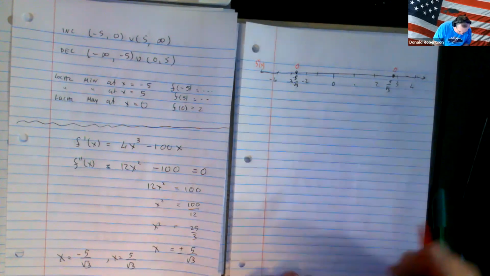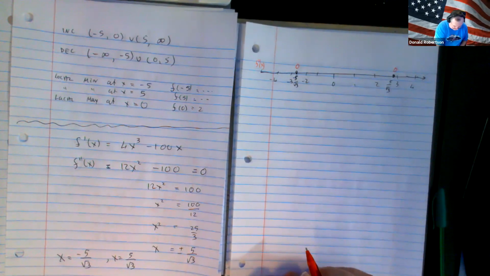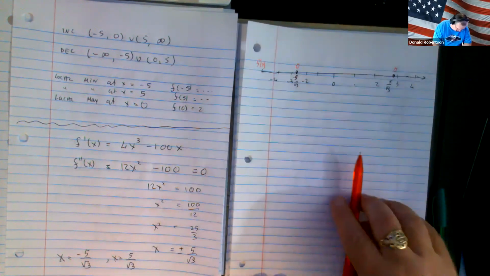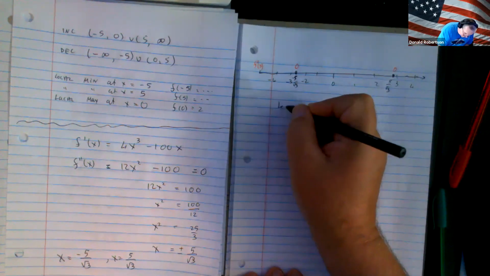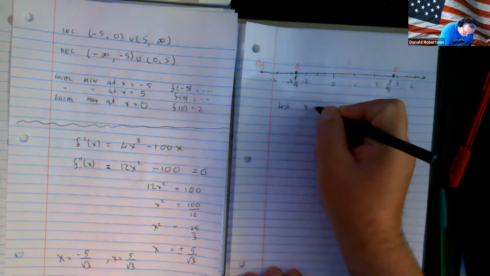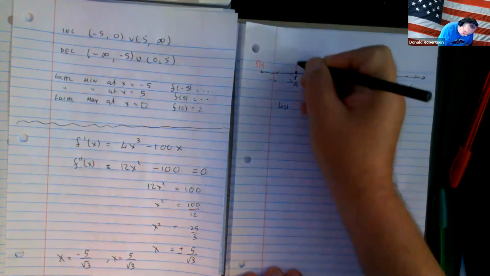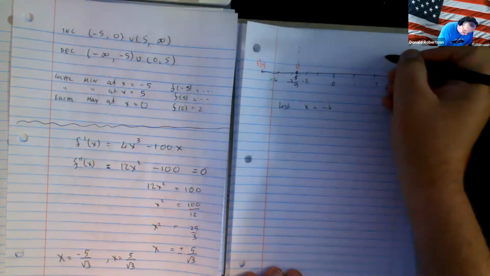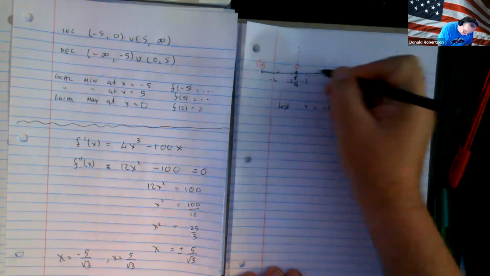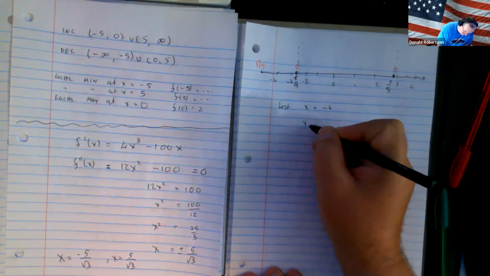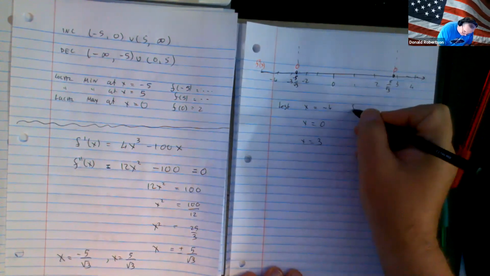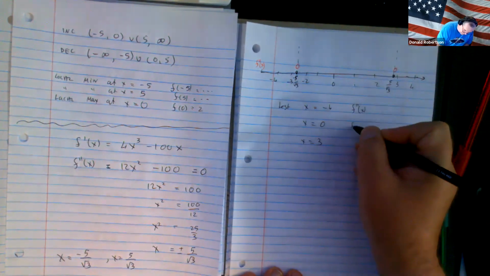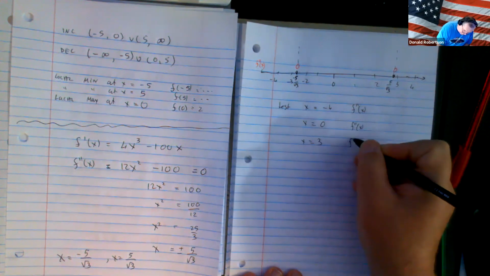And all I now do is some test points. Oh, this is going to be fast. A test point of negative 4 for this guy. In this region, I'm going to pick a test point of 0. And over here, test point of 3. And I'm going to find the value of the second derivative at those test points.